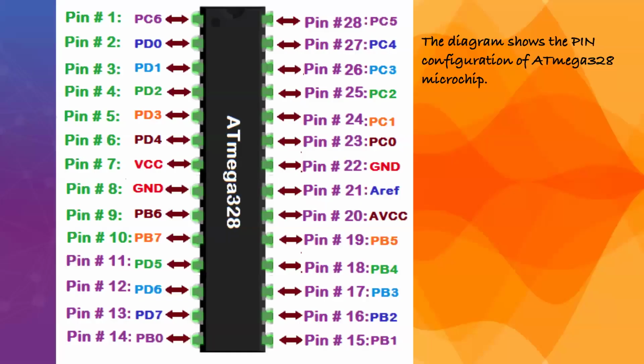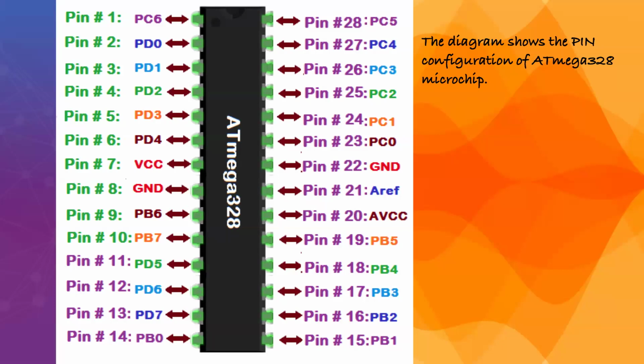Now, how are they denoted? If you see the diagram again, they are denoted like PC6, PD0, PD1, PD2, PD3, PD4. Then comes VCC and GND. GND for ground, VCC for the plus voltage, that is plus 5 or plus 3.3 or whatever is needed.